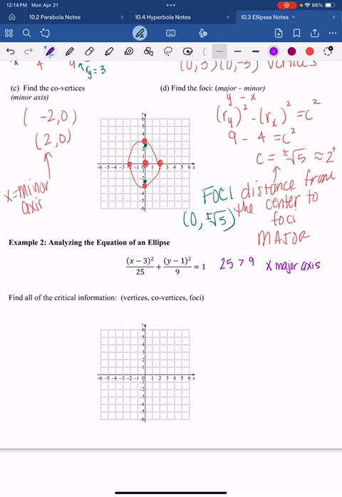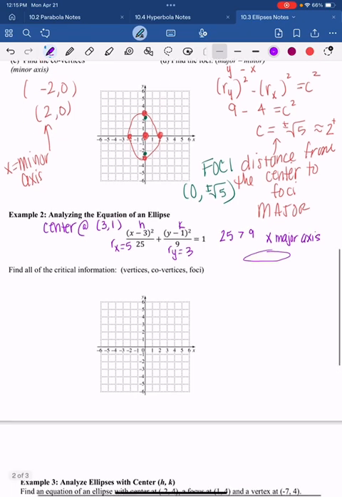Okay, x is horizontal, so this ellipse is going to be longer than it is tall. My x radius is 5. My y radius is 3. And the center of this ellipse is going to be at 3, 1. h and k. So I'm going to plot the point 3, 1.